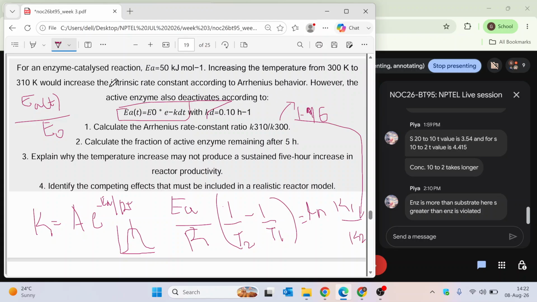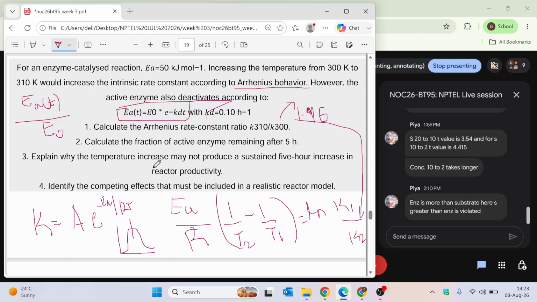So whenever this Arrhenius behavior is observed, you should also keep in mind that a simultaneous deactivation will also take place. Hence, due to the deactivation, nearly 40% of the enzyme is getting deactivated and only 60% is remaining.